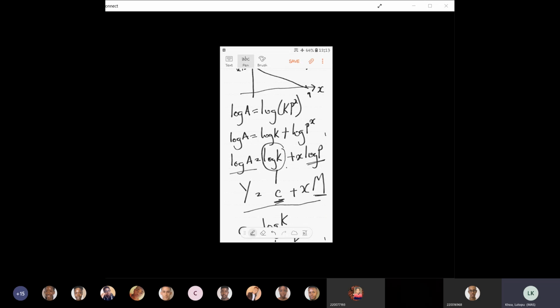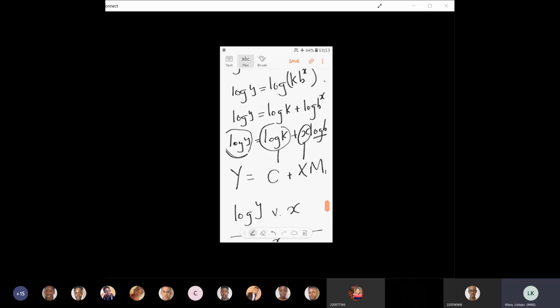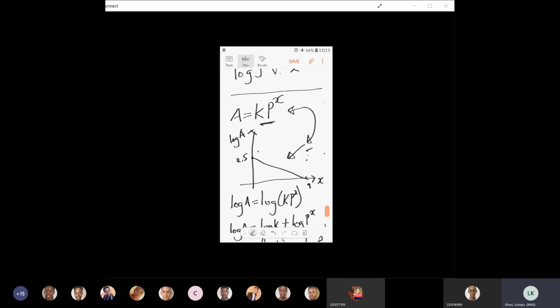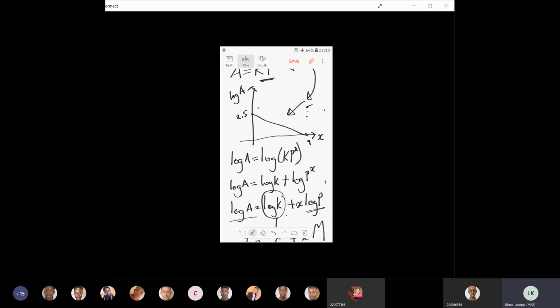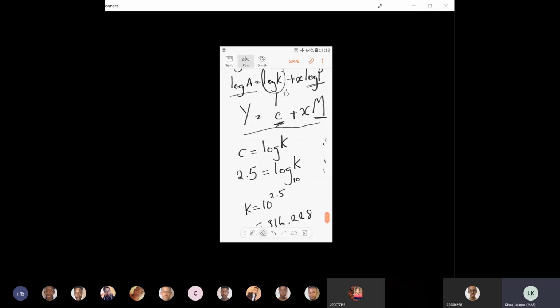Then looking at my graph, I just identify which one is my m, which one is my c. M and c, or c at least, is very easy to identify from your graph because that is just the y-intercept. You can read it from the graph. There it is. Okay. And if you know what c is also equal to log k. You solve the equation, and then that is what I get.